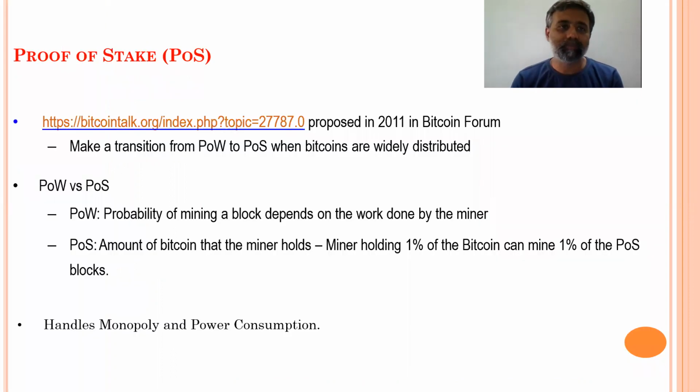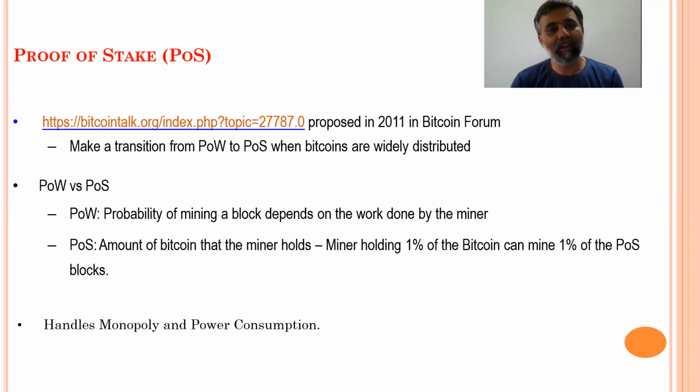So let's discuss this proof of stake. It was proposed probably in 2011, in a Bitcoin forum by a member, and this is the link for that, you can explore. That member proposed a proof of stake mechanism, and the forum felt that now is the time to transition from proof of work to proof of stake.